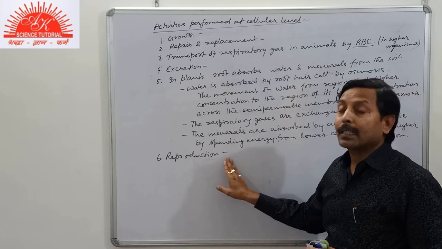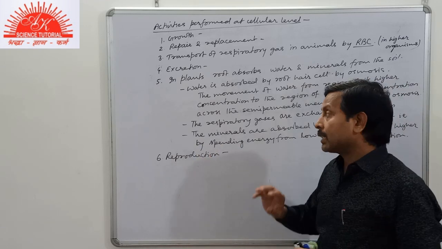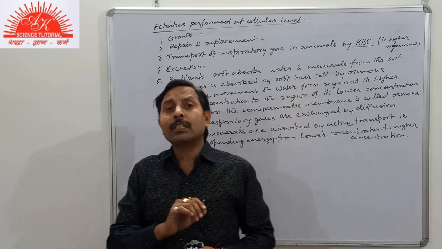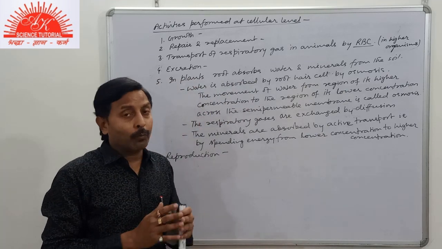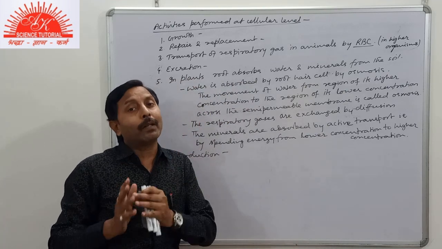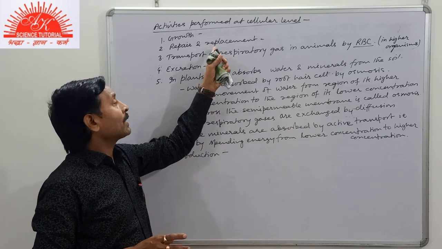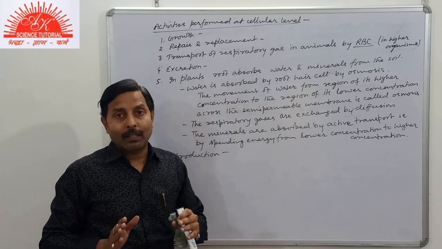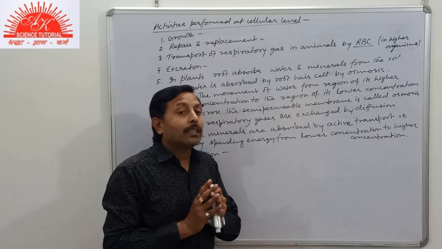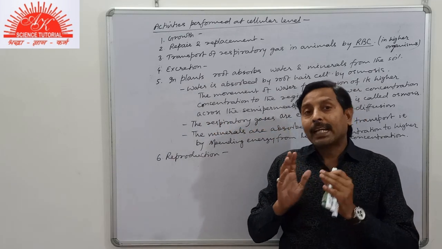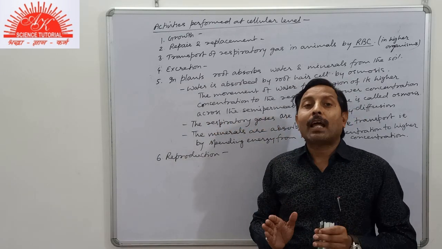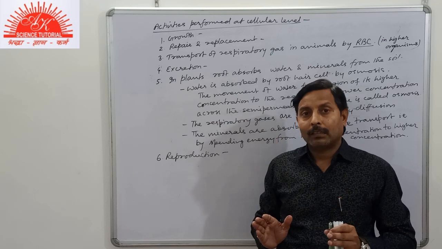In animals, it is sperm and ovum. So we see that all functions of the life activities, whether it is simple organism or complex organism, take place at the cellular level. So students, this is all about the chapter, the unit of life, that is the cell.